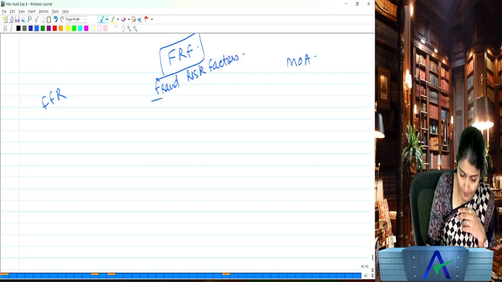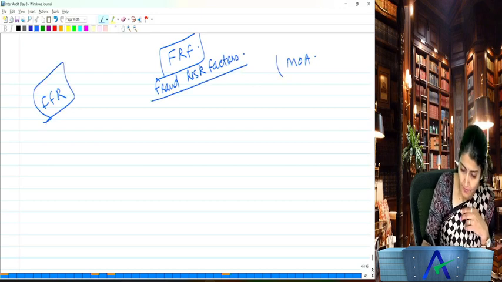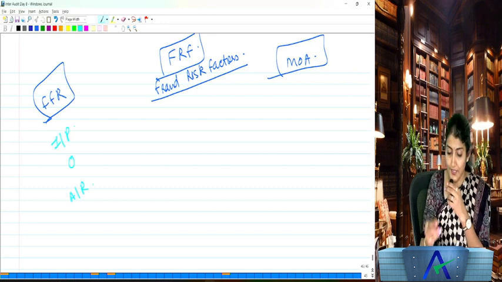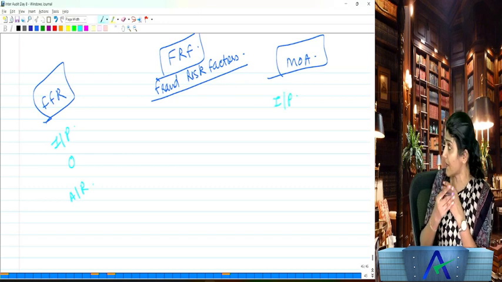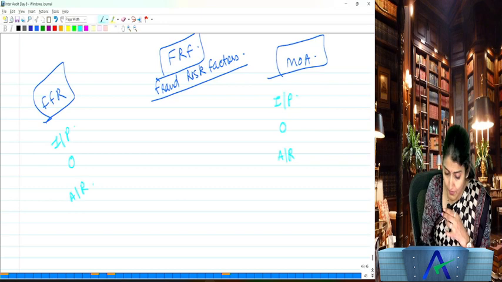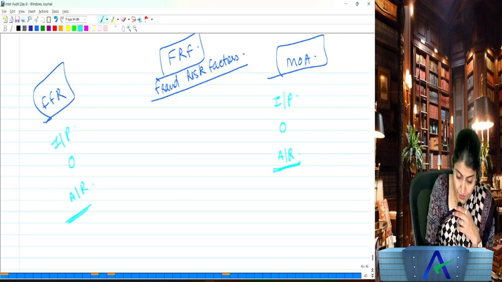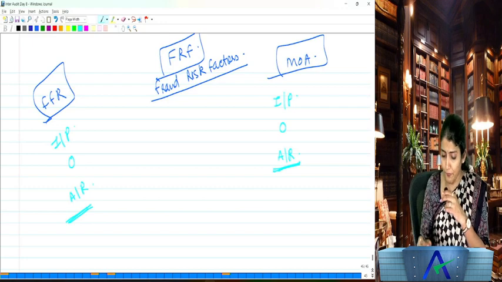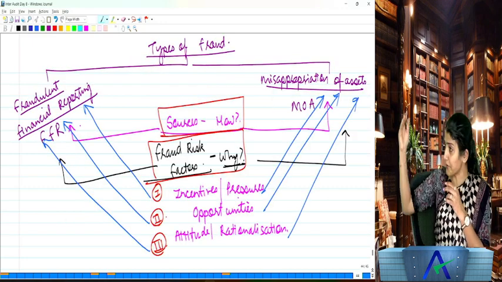And then what is the incentive, pressure? What is the opportunity? What is the attitude rationalization? And here also, what is the incentive, pressure? What is the opportunity? And what is the attitude rationalization? Is it clear to all of you?